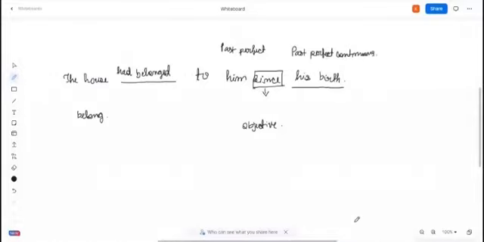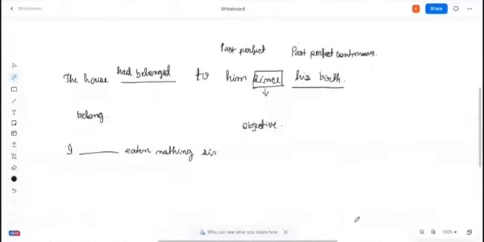If I say, I have eaten nothing since morning, what will you do? You will put had or have. Write it down. I am saying the sentence again: I have eaten nothing since morning.